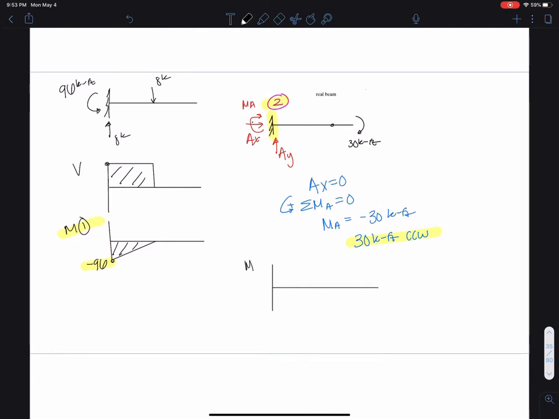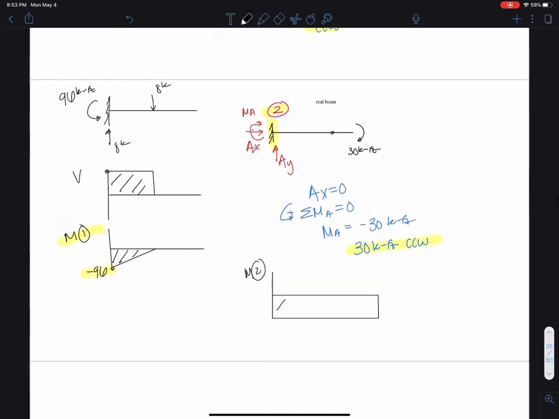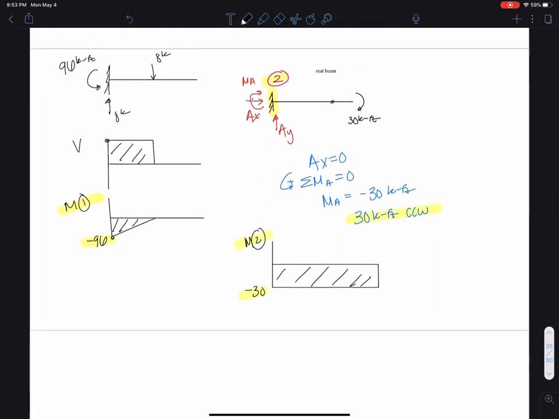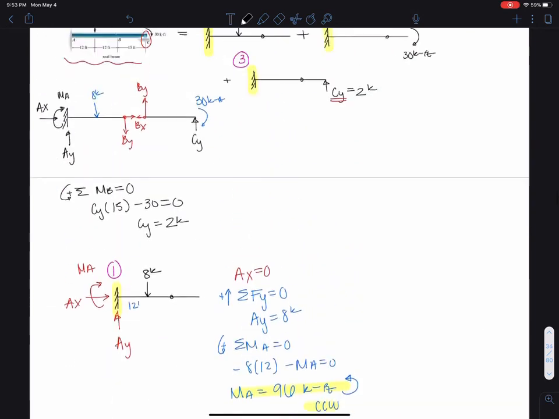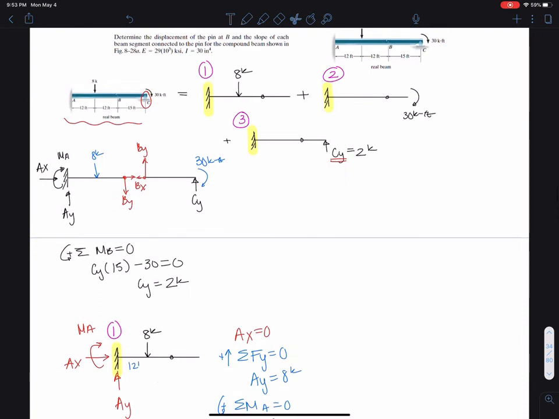It's going to be M2 at this 30, goes down 30, and then just goes up by 30. Okay, so we have 1, 2, and now we need the third, which is for this CY of 2. Let me copy this here.